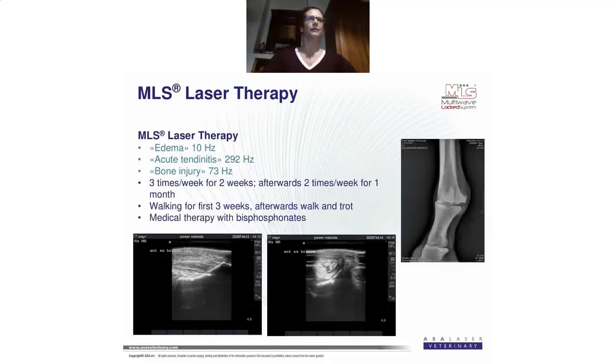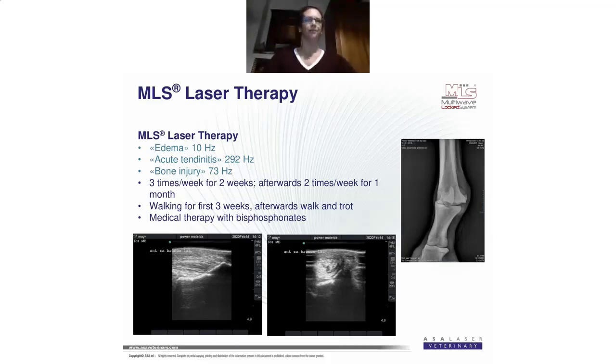Other cases here in the insertion of the branches. In this case, I have also a lesion in the sesamoid bone. So the treatment I used was edema, acute tendonitis, and bone injury, 73 Hertz, because when there is the lesion near the insertion of the bone, I use also this frequency.